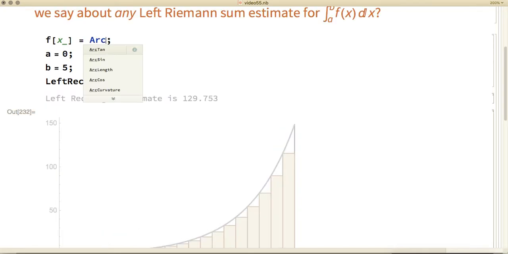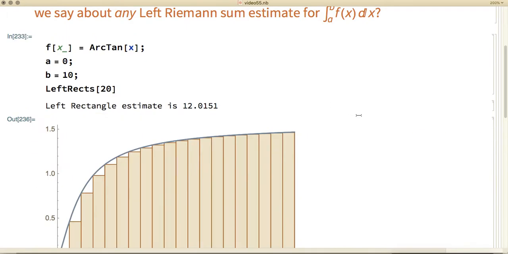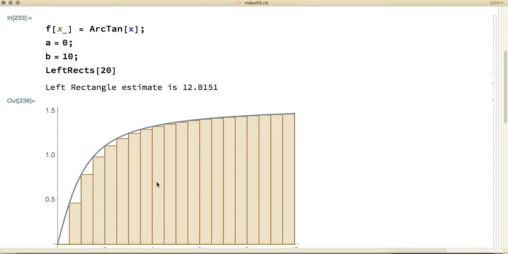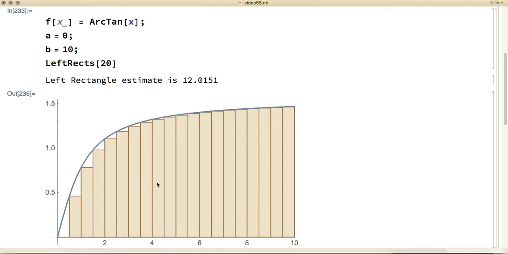Another increasing function is the arctangent of x, increasing on, let's make this interval 0 to 10. If I look at 20 rectangles for this one, this is the picture. And again, the rectangles are completely underneath the curve, so the left rectangle estimate has to be an underestimate.